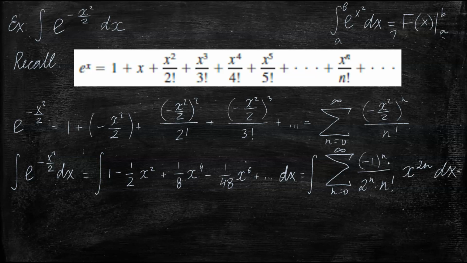And here's what's going to happen. We can now integrate this just like we would integrate any polynomial function. So the antiderivative of 1 is x, and the antiderivative of x squared is 1/3 x cubed, and so on.